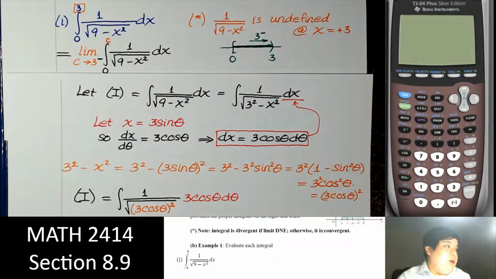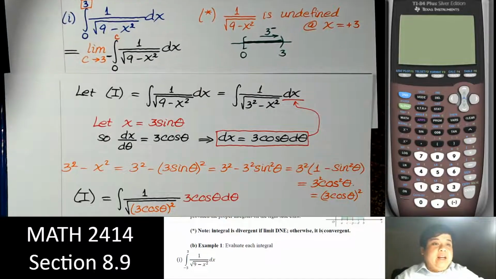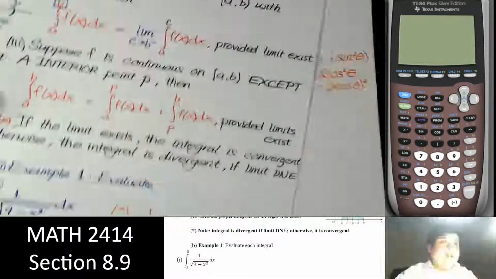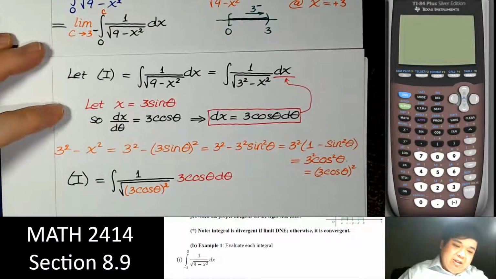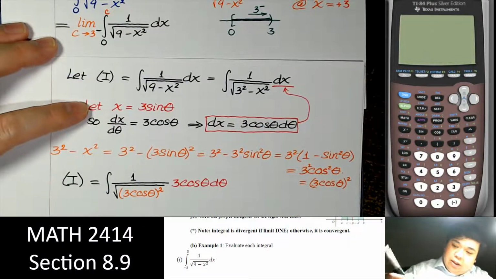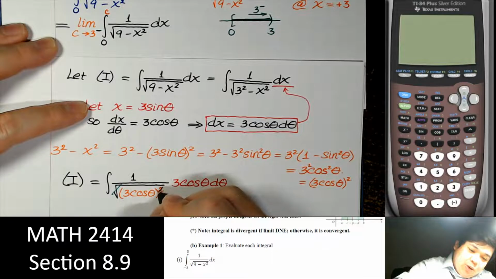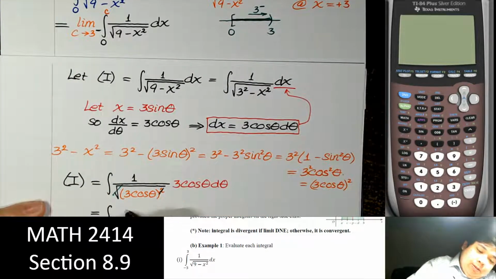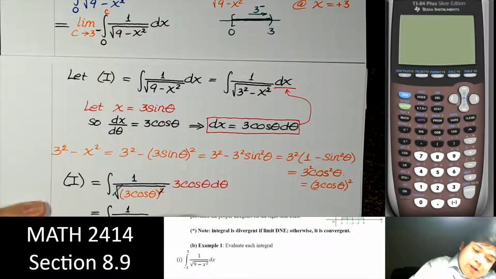I will just substitute everything in, and if everything works out, it will take care of itself. The square root cancels the square, giving 3 cosine theta over 3 cosine theta.